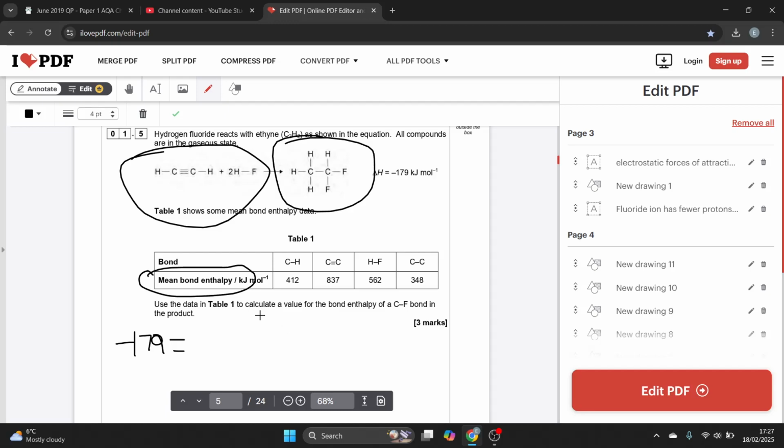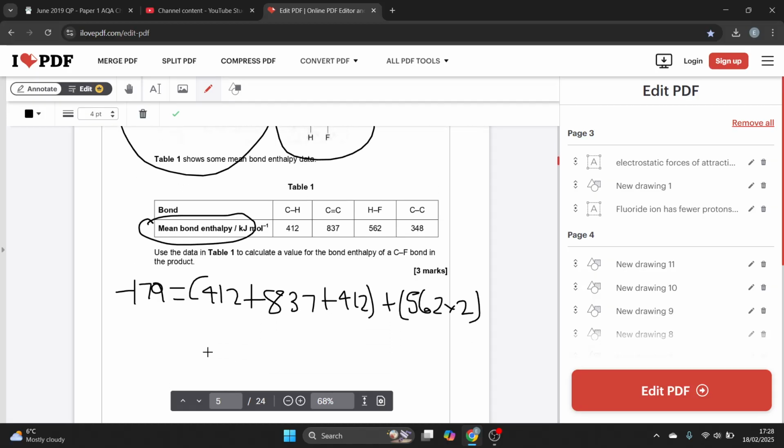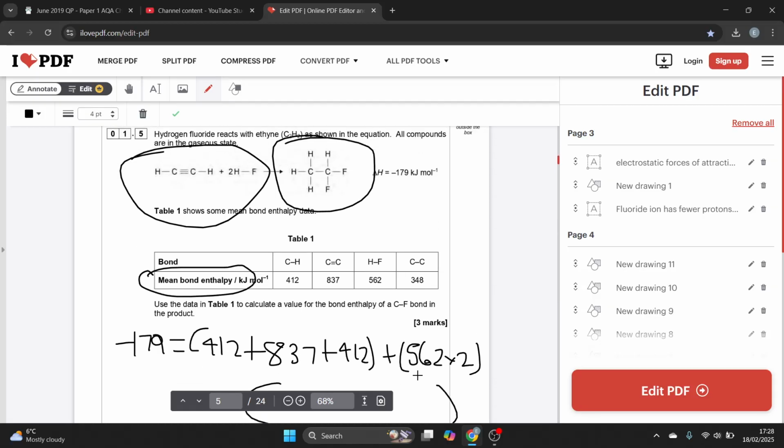So minus 179 equals energy required to break bonds. So the H-C bond 412 plus 837 plus C-H bond 412 plus 562 times by 2 HF bonds. Energy required to break bonds minus energy released when new bonds are formed.